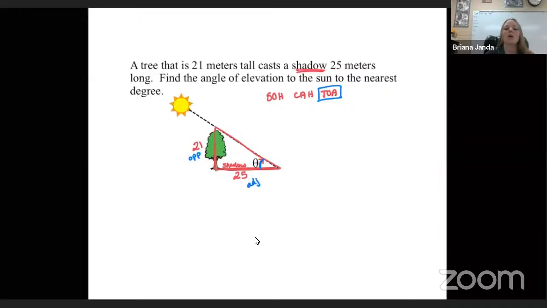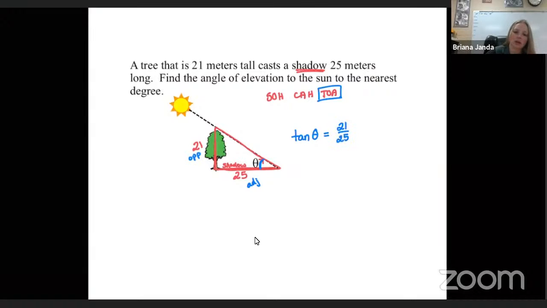And so that's how I know what to write my equation as. So that is how I start my equation. Tangent, my unknown, what we're trying to find is theta. So I'll fill in a theta there. Equals opposite over adjacent. Follow my SOHCAHTOA, opposite over adjacent.